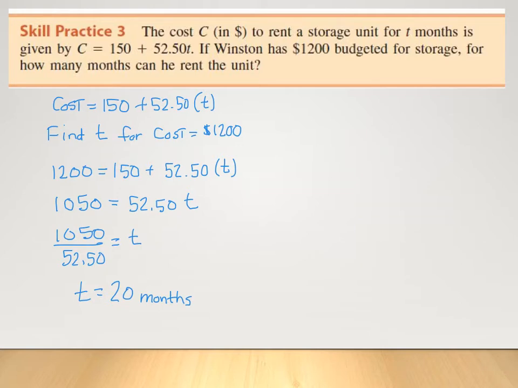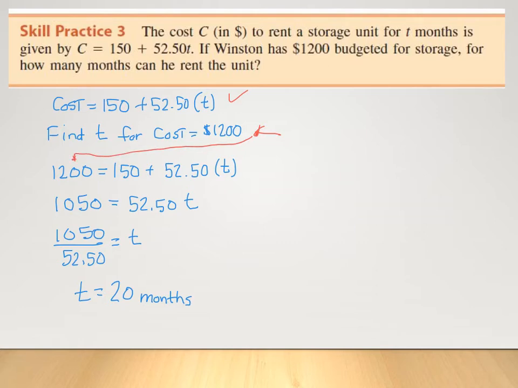Well, here is our original equation, and I put parentheses around T. So in this particular case, we're finding T for a cost of $1,200. So we plug in $1,200 for C.